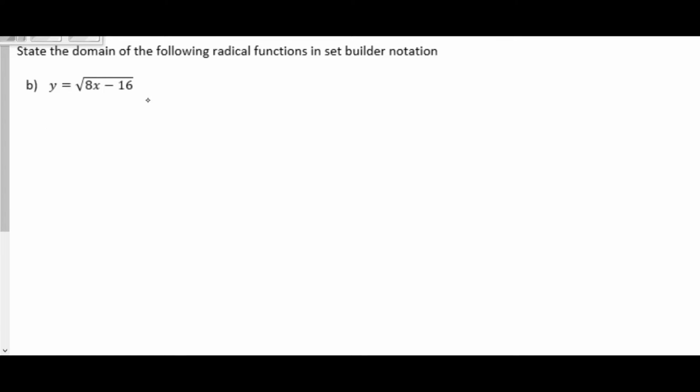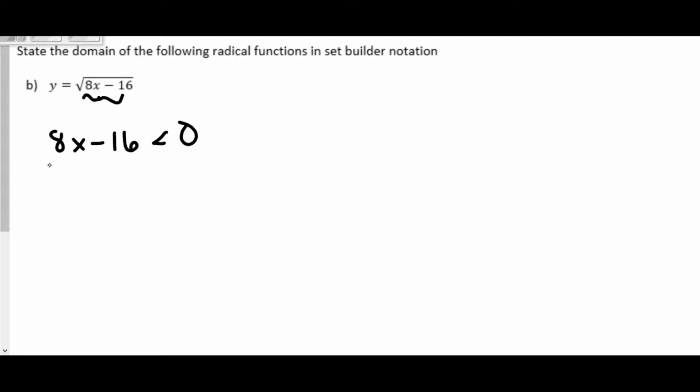So our job is to find out what is going to make this under the radical negative. So we're going to solve for the values of x, so 8x minus 16, that give us a value less than 0, because that's going to give us a negative under our radical, which is going to give us an imaginary number, which means that our function is not defined, meaning it's not in our domain.